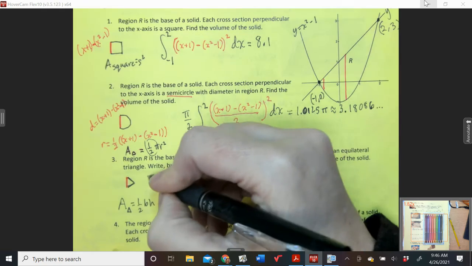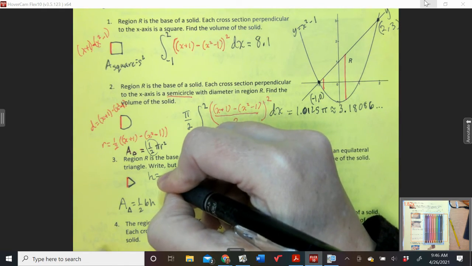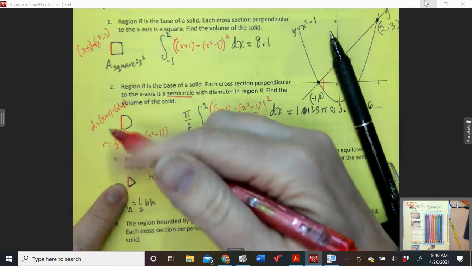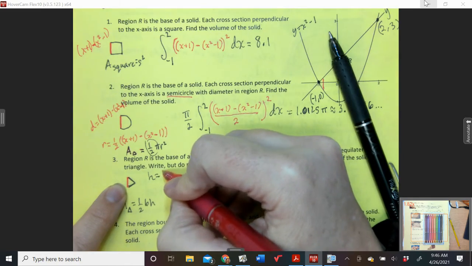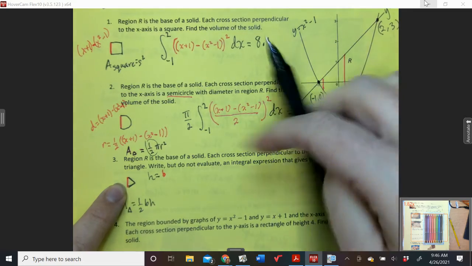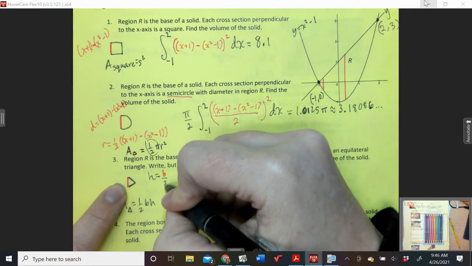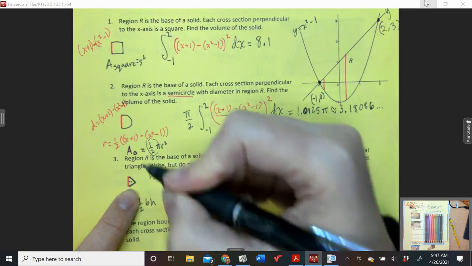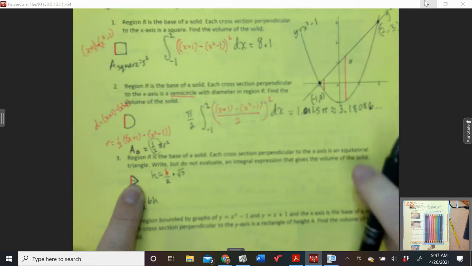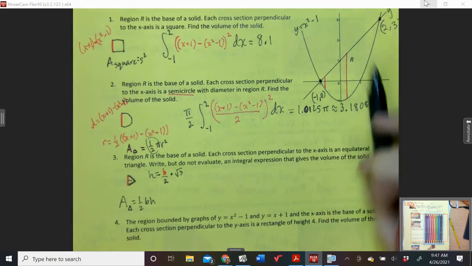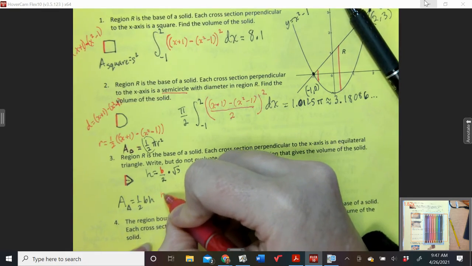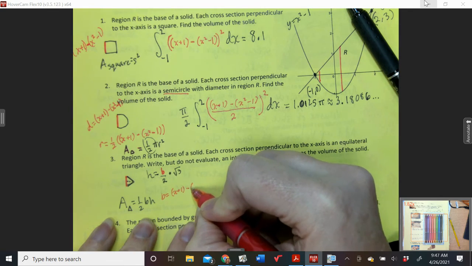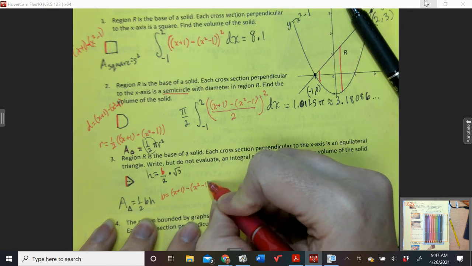But my height, since it's equilateral, will be the base divided by 2 times the square root of 3. Right there. Okay. And again, my base is x plus 1 minus x squared minus 1.